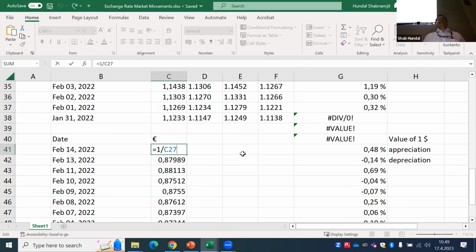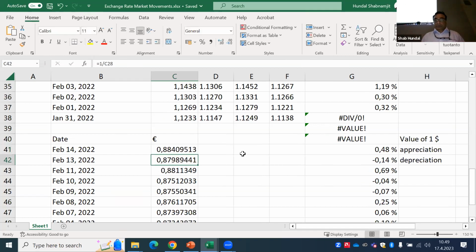So if I say that €1 is equal to $2, then $1 American would be equal to 1 divided by 2, 0.5 euro. So that's what I've done here. But it's very important that you are able to use this method if the rate of exchange is in a different format. These things are very important for you to learn as a student of finance, okay?